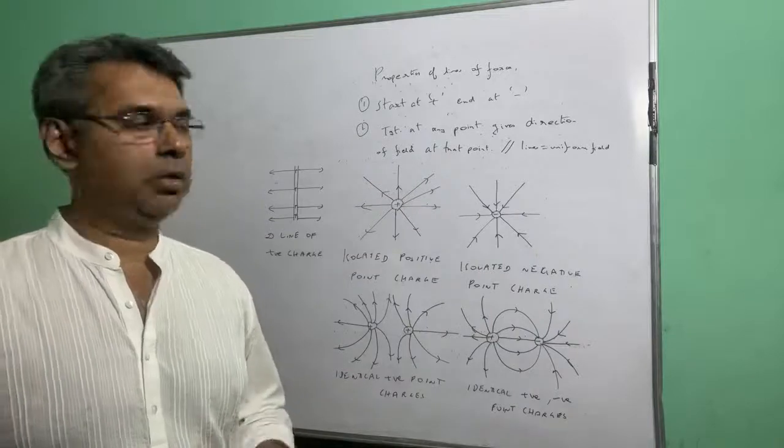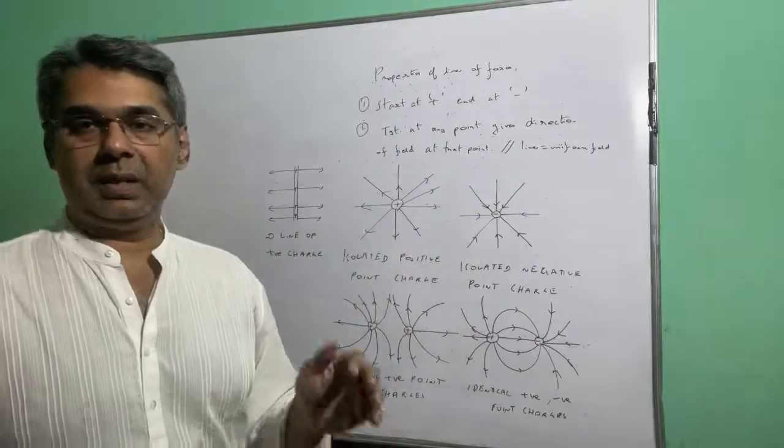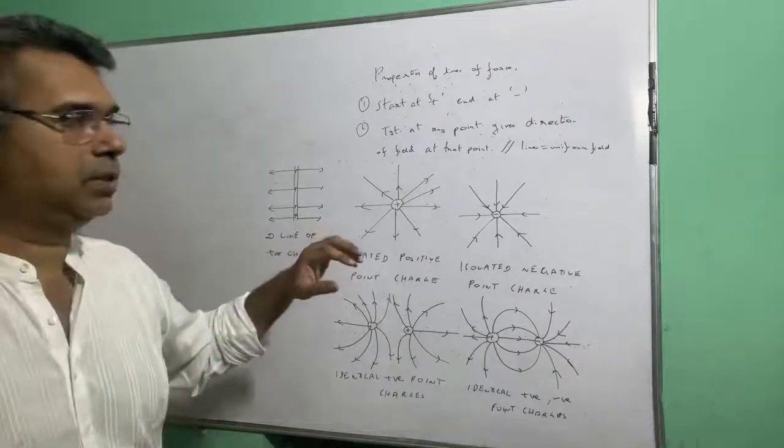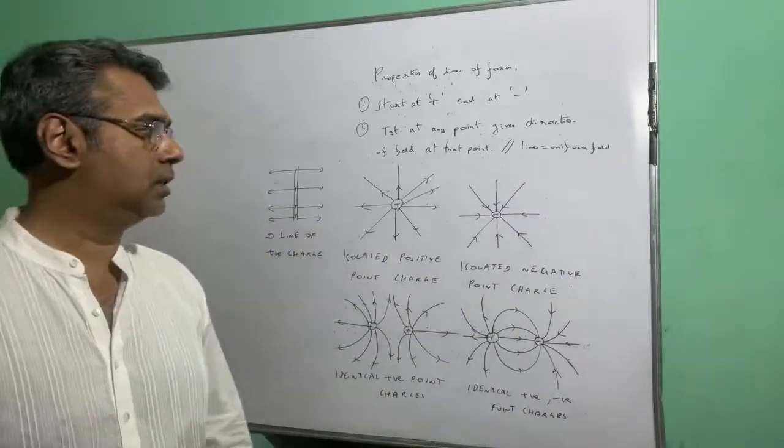So the tangent drawn to a line of force gives the direction of the field. Now if the field lines are parallel to each other, like this one, that means the field is uniform.